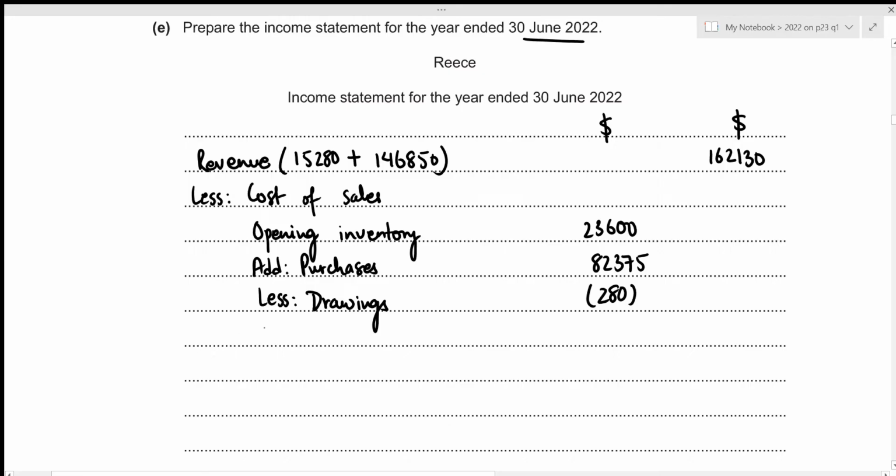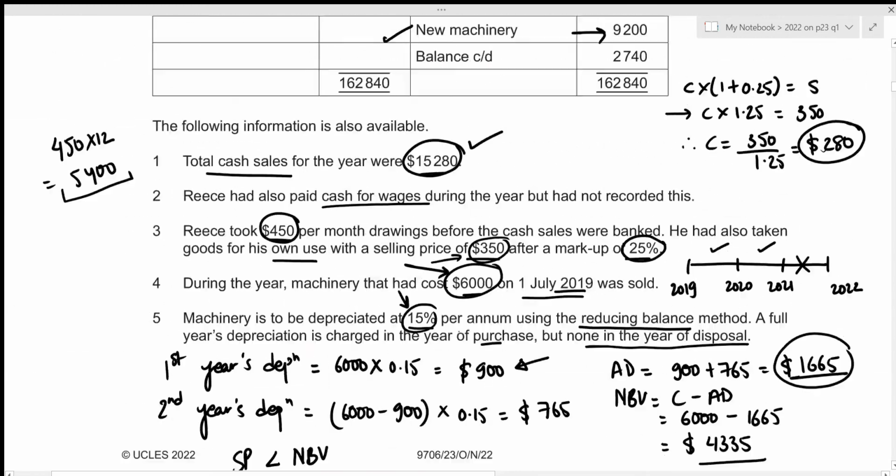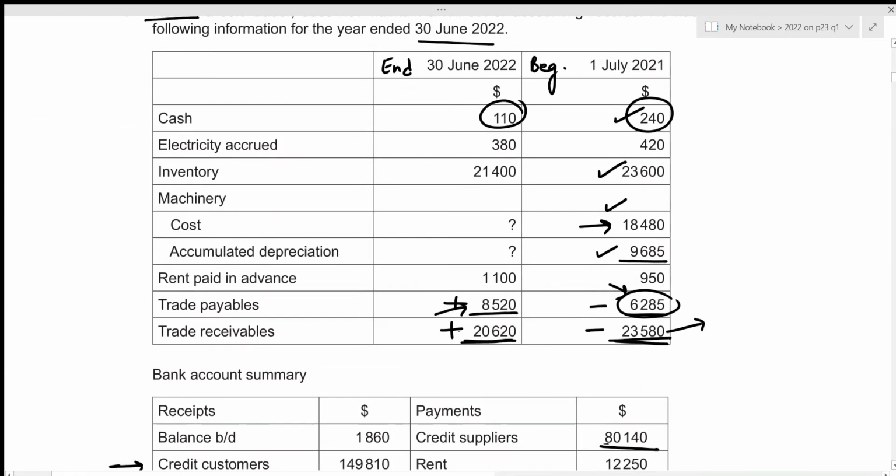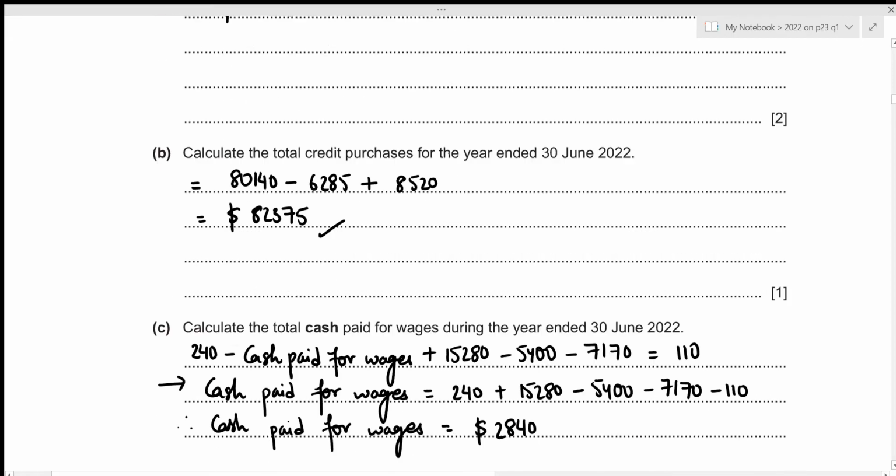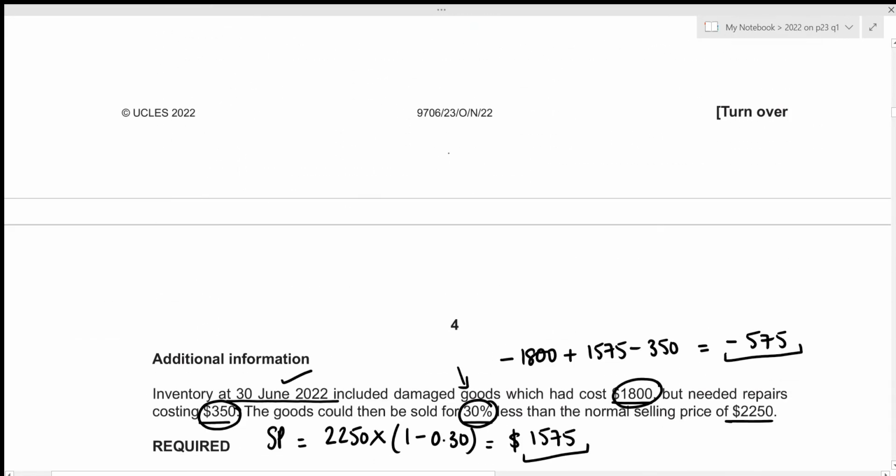Then the last item that we need to include will be to subtract our closing inventory. Let's have a look above for the value of closing inventory. We can see that at the ending date, the closing inventory had a value of 21,400, but we also need to make some amends to this amount since there were damaged goods.